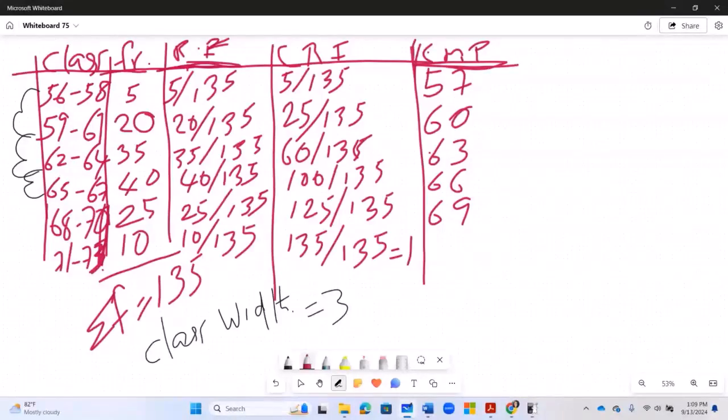And the next one is going to be 72. So the class midpoints are listed here. I want you to check and see that this is the same as what you have. Now I can do one variable stats with my calculator, but before I can do that, I have to do this table.